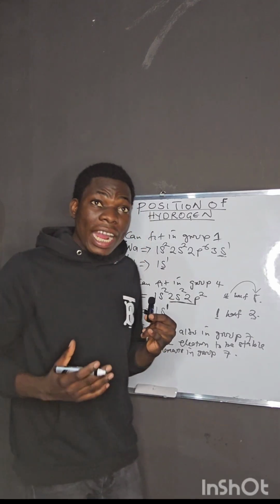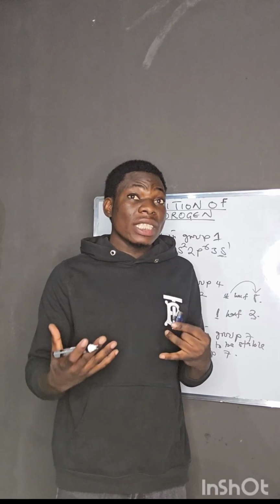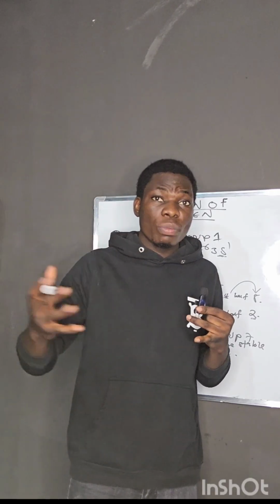So we are saying that for hydrogen to be stable, it only needs 1 electron for it to become stable, just like those elements in group 7.